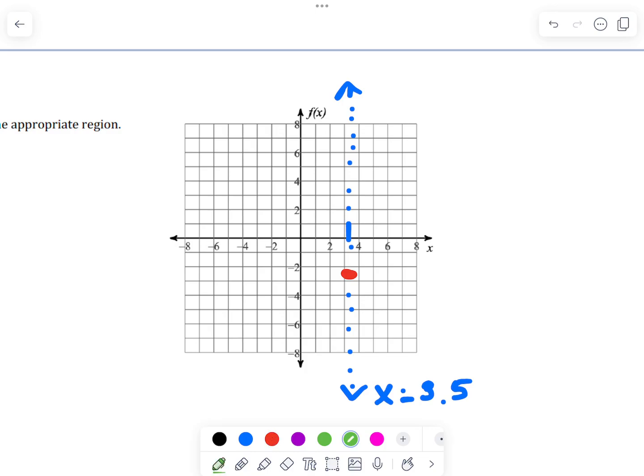Then I have that y-intercept up at 0, 10. So I'm going to create a reflection point, the same distance of 3.5 to the right, so at 7. So there's 3 points there. And then we're going to move on to finding the x-intercepts.